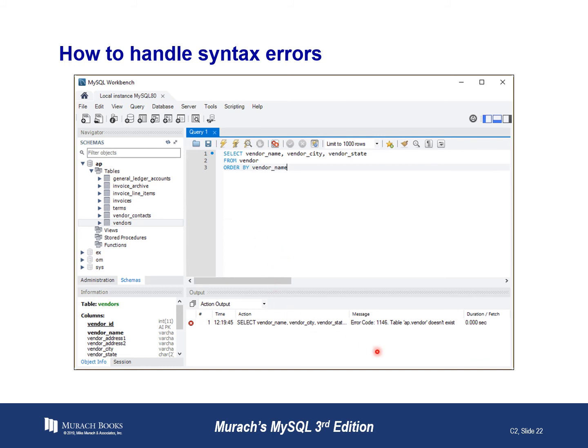So that is going to lead to a syntax error, and MySQL Workbench tries to help you out by trying to point out what the problem was. Here it says table ap.vendor doesn't exist. So that should give you a hint to take a look. Does it really exist or not? And then you say, oh, okay, I have a typo there. In fact, that is one of the most common causes of the syntax error.